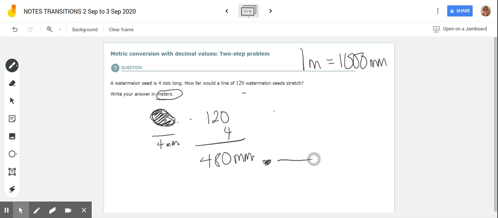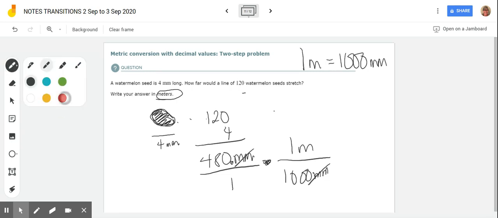If you were doing our little stoichiometry thing, you would put millimeters here because they would cancel. See? And you'd end up with 1 meter. Or you can just think it through. You take the decimal point and you move it 3 spaces. 1, 2, 3. So the answer is 0.48 meters. So 120 watermelon seeds would only be about half a meter. It's not very long.